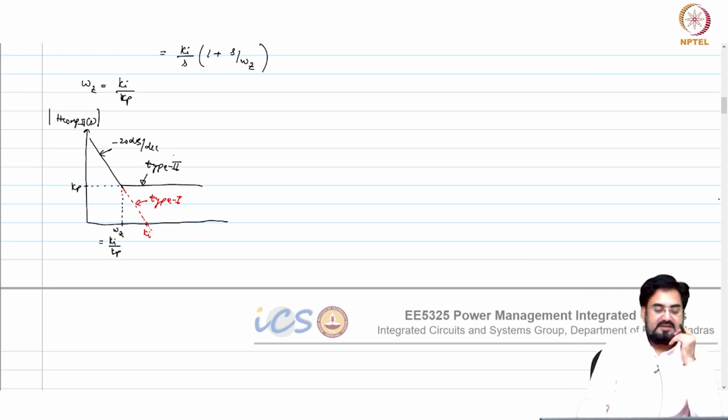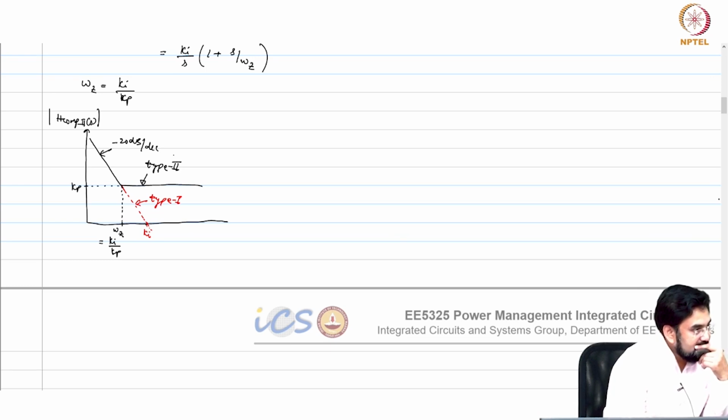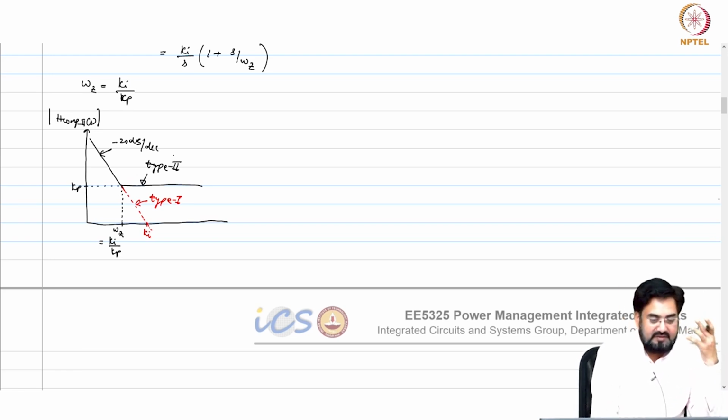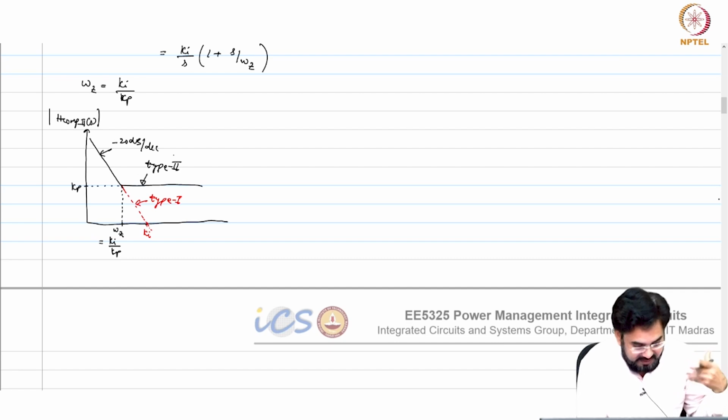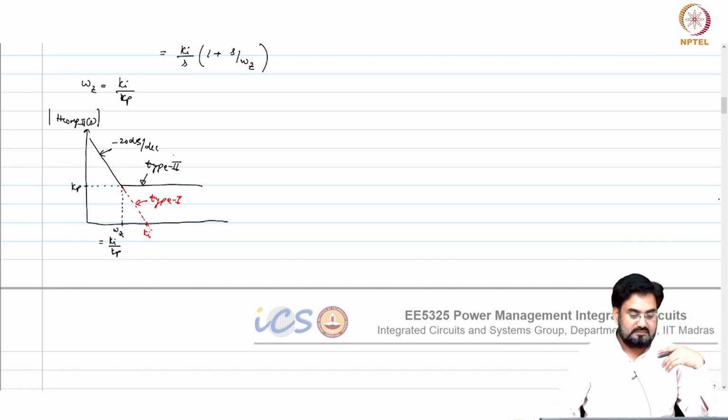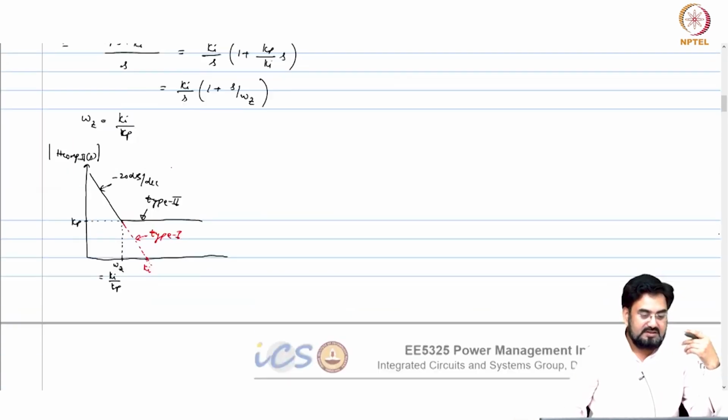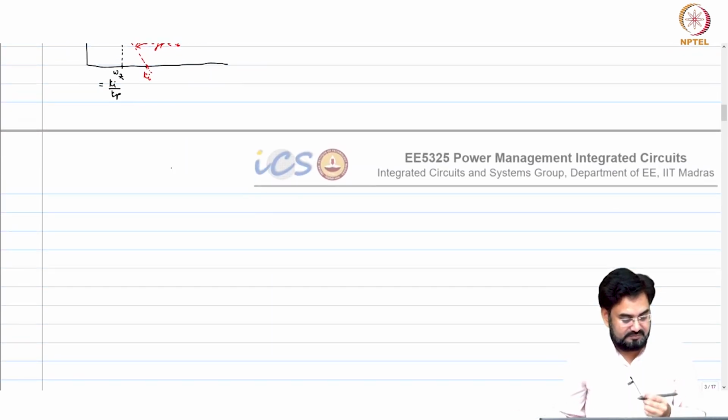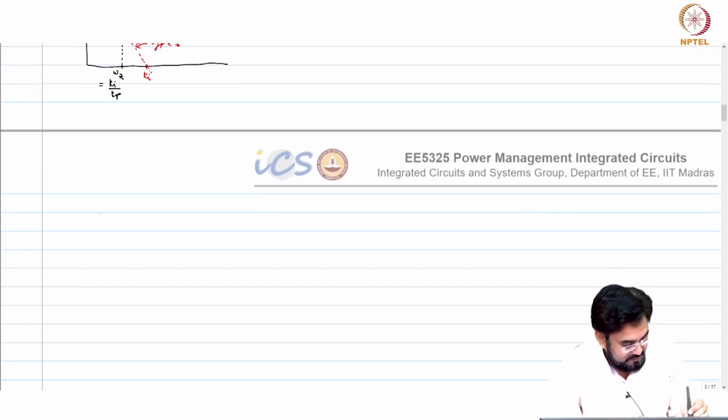So how can we implement this? You require an integrator for sure. What extra term do I need to add to the integrator to get this? In parallel or in series? Series. So let's take the case of Gm first.